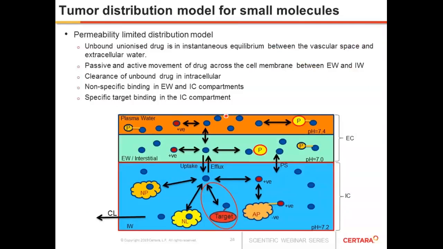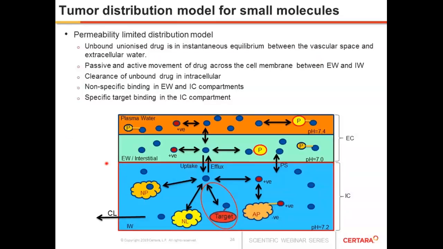One assumption that's made is that there is instantaneous equilibrium between the vascular space and extracellular water, and that's considered reasonable because tumor can be leaky. It's also possible to take into account passive and active transfer between the extracellular water and intracellular water, sorry.